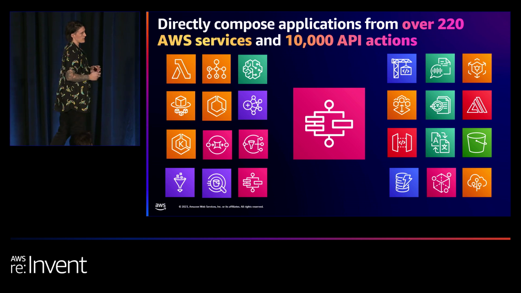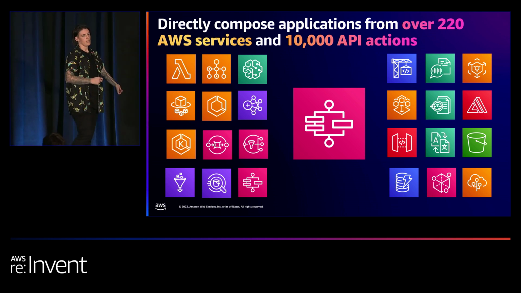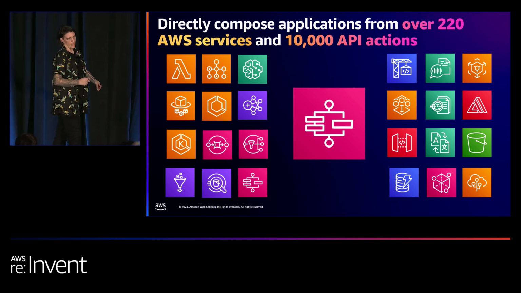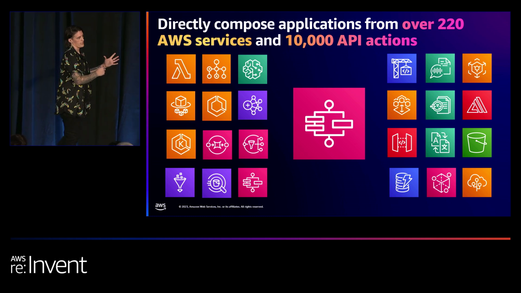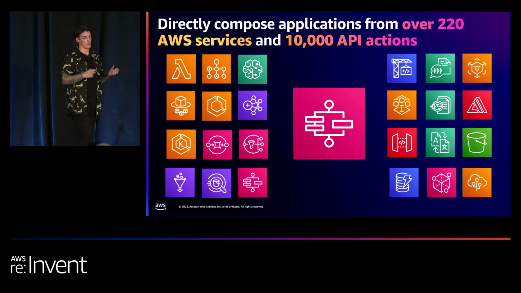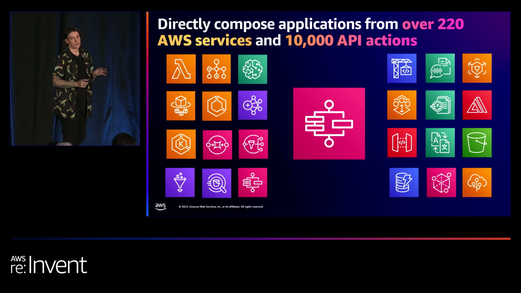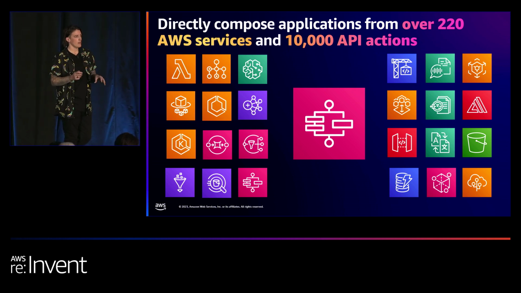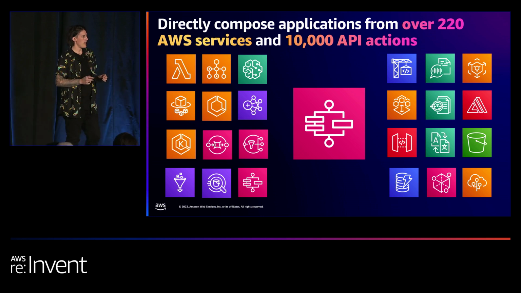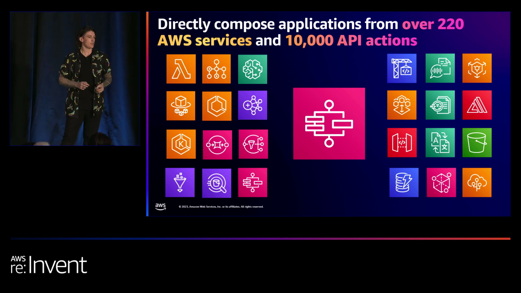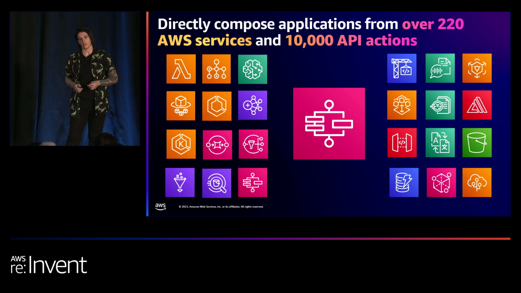So the first is Step Functions directly integrates with the AWS SDK. So as it implies, it gives you access to over 10,000 API actions natively within Step Functions. So that means all that error handling, all that visibility that we just looked at is available directly with those integrations. It also has an optimized integration.